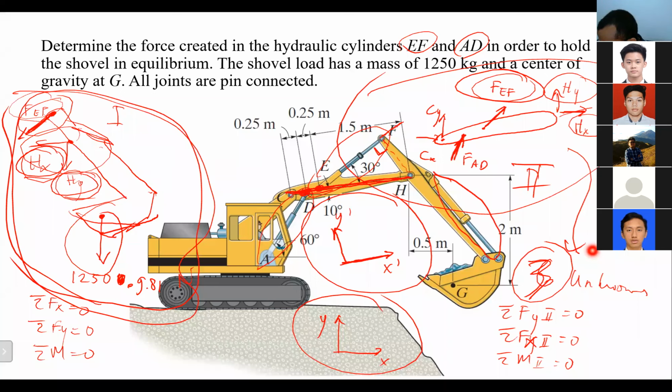You are using this particular triangle to calculate the moment, but in order to use that triangle, this one must be 90 degrees, right?